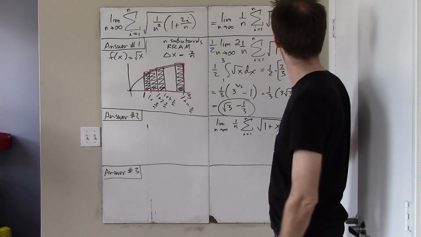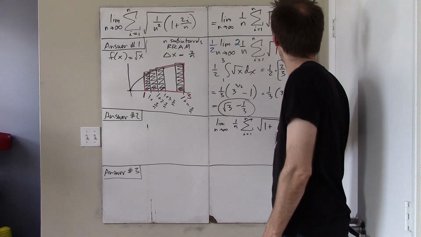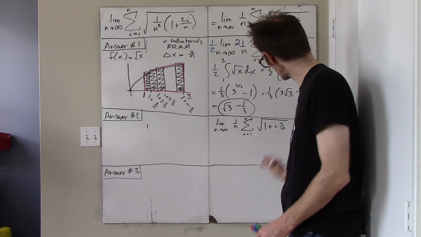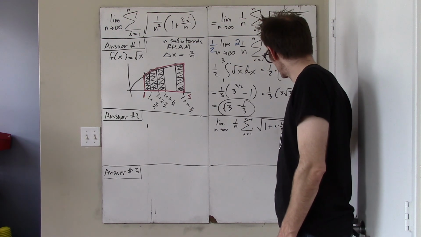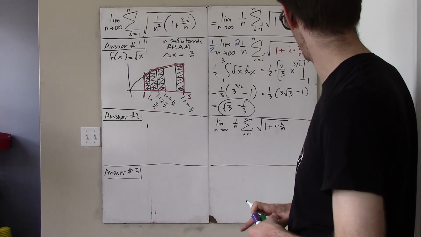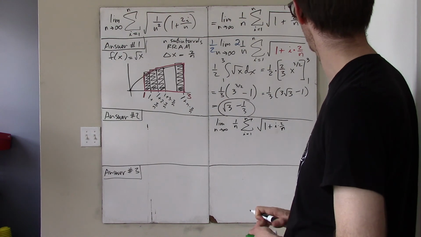So maybe that, 1 plus, so then this would be i times 2 over n. Okay, if you do it this way, then what am I kind of talking about here?